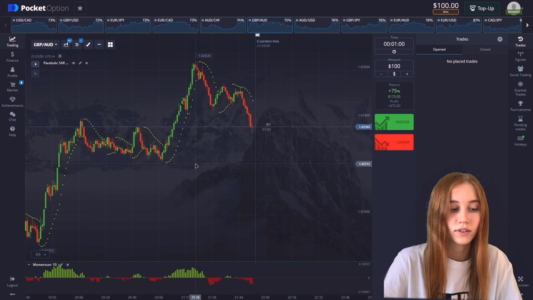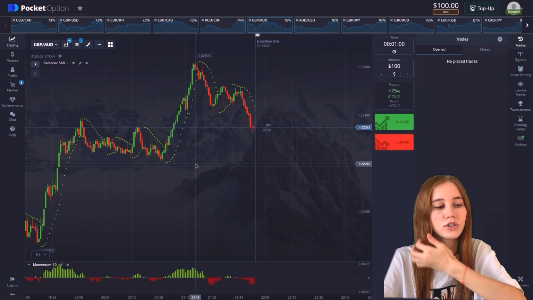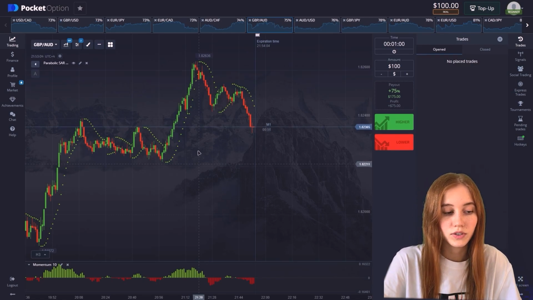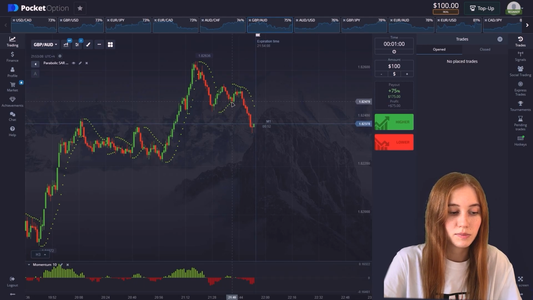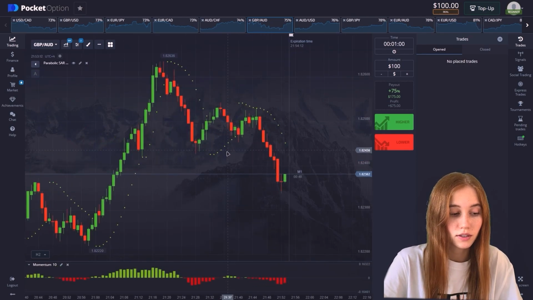At its core, the indicator is similar to a moving average, with the difference that it moves with different acceleration. Let me explain. You see points here. When the chart intersects these points, the trend is changing. Let me zoom in.